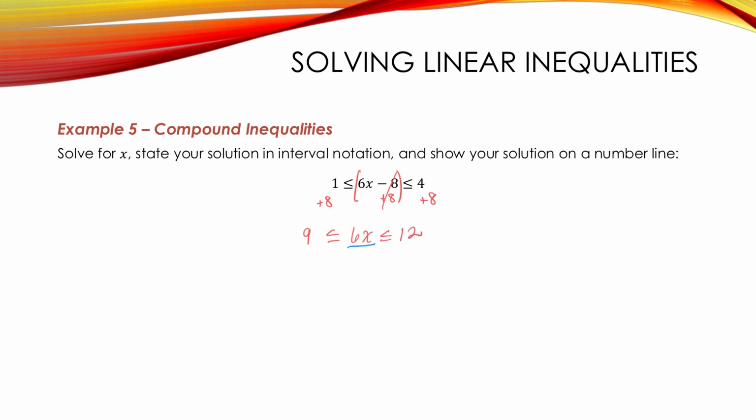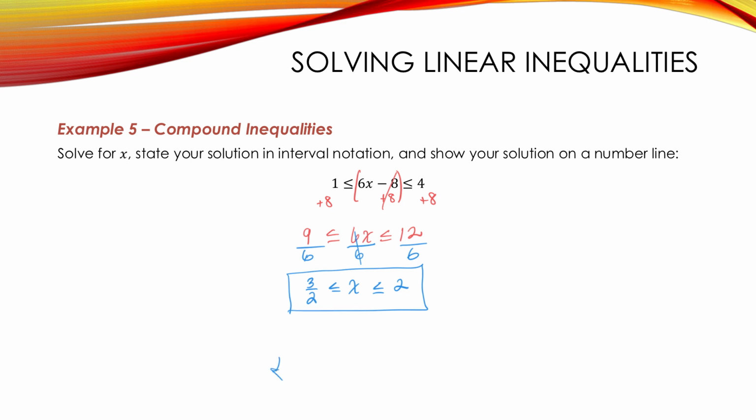Next step: 6x is an x multiplied by 6, so we'll undo it by dividing by 6. So 9 over 6 is 3 halves, which is less than or equal to x, which is less than or equal to 2. So in terms of inequality, that's our answer.